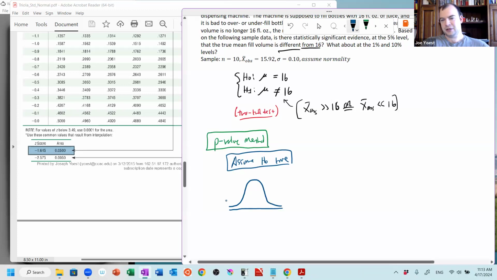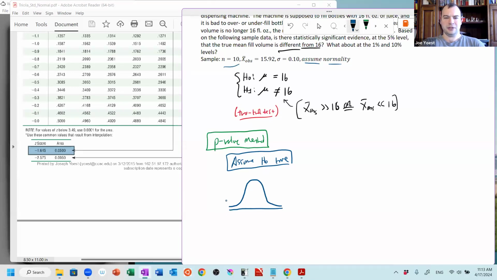I can apply the result of the central limit theorem because I assumed normality here. So even though n is 10, it's a small sample, it's coming from a normal distribution, so no problem with applying the conclusion of the central limit theorem. Since I assumed H naught is true, mu x bar is 16.